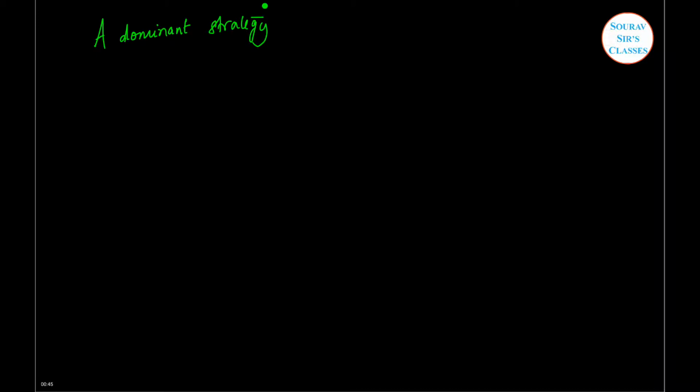So what do we mean by this? A dominant strategy is a strategy, say if a person named A has two strategies, to eat or to sleep.